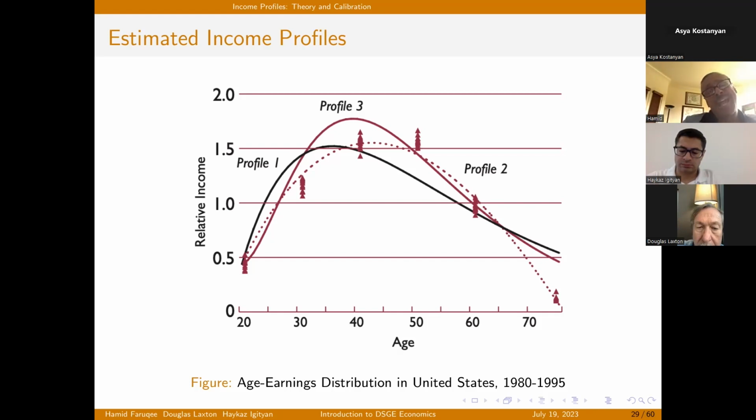And so you would try to calibrate this to each country's cross-sectional relative age earnings, income profiles, that data for that particular country, and that would help you calibrate those particular parameters in the OLG model.